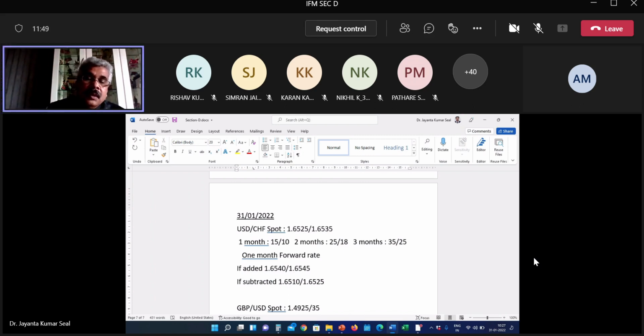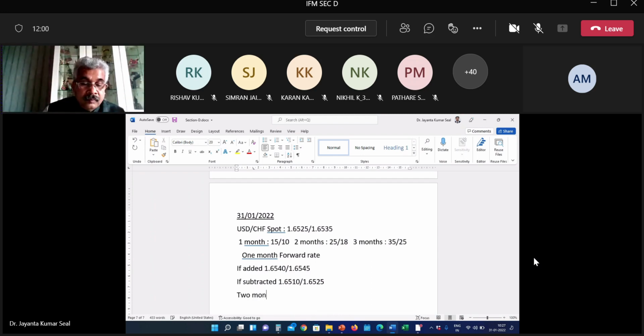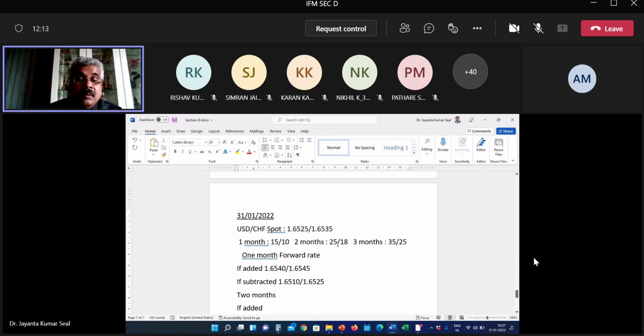Similarly, if you want to find out for 2 months, that also I can do. If added, what will be the rate? We'll apply this swap quote. 1.6525 plus 25 is 1.6550.